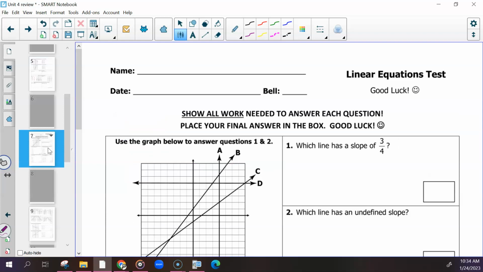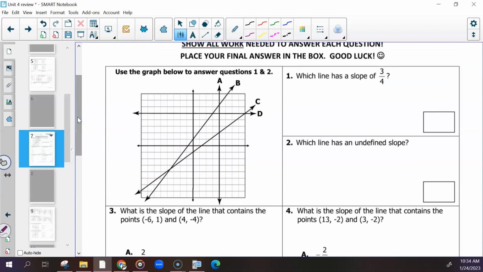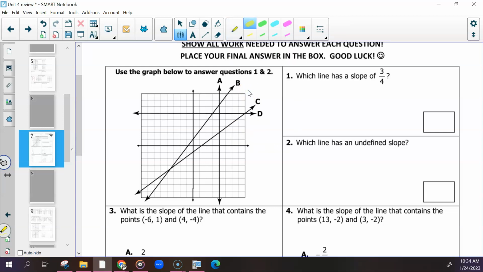Questions on 1 or 2? Or 3 or 4? So here, they give you a bunch of different lines. If you need to outline them, highlight them, whatever, I'm going to do that so you can kind of see which lines are which.